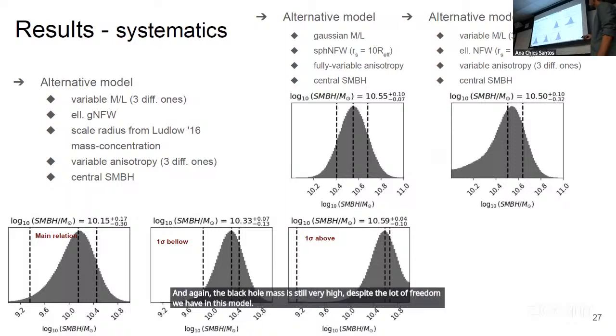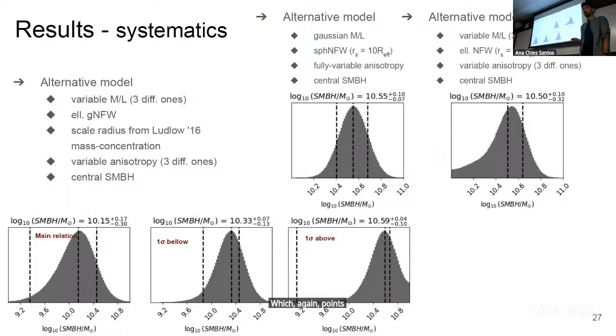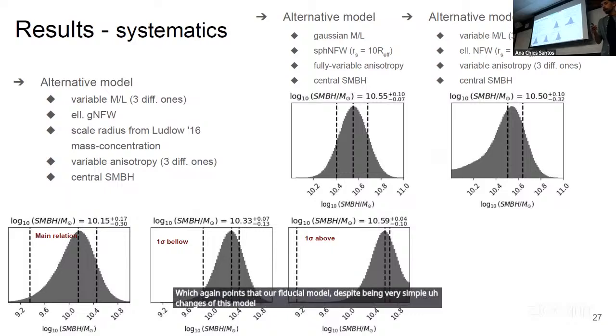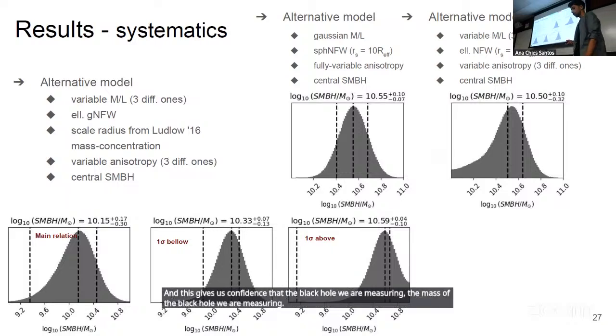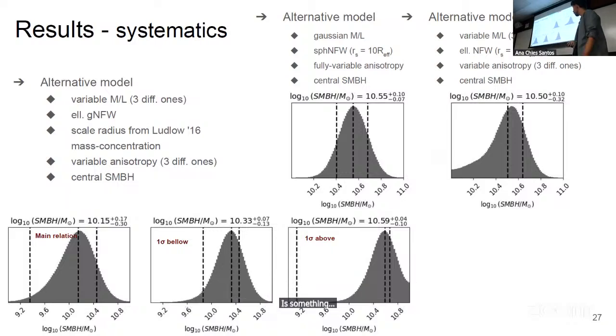Which again points out that our fiducial model, despite being very simple, is robust to changes, with these models still reproducing a very, very high black hole mass. And this gives us confidence that the mass of the black hole we are measuring is statistically significant.